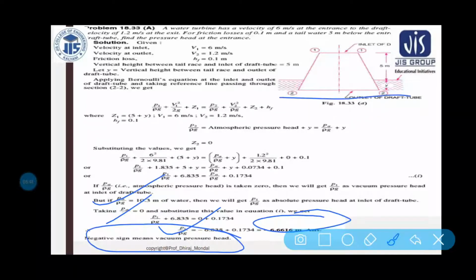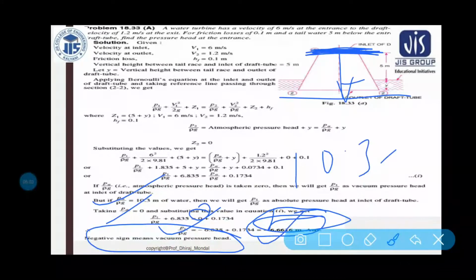At the inlet there should be vacuum pressure, and that vacuum pressure will be converted into atmospheric pressure or more than atmospheric pressure. Okay, so this is what you have got as it is. Why? Because you have taken 0 here, and this is your absolute. Clear? Now if you deduct from 10.3, then you will be getting the positive value. So you can write that the negative sign means we are getting vacuum pressure head.